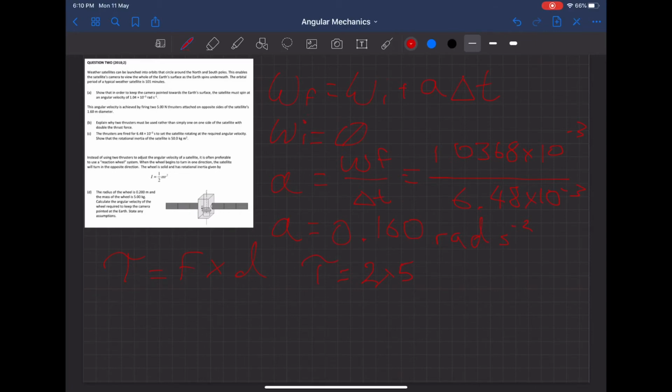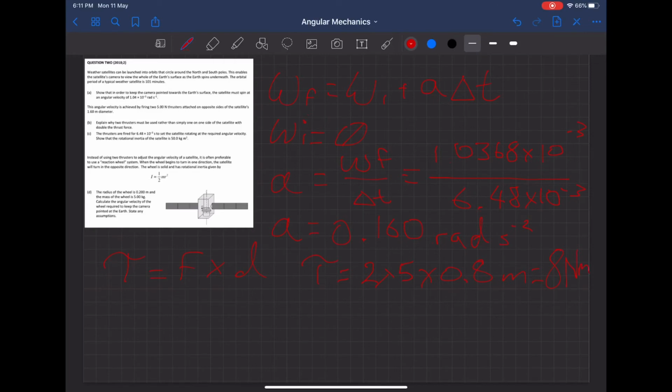Assuming a central distribution of mass, or an even distribution of mass, our distance will be half of that, so we're going to say times 0.8 meters. Right, and for that we will calculate our torque, which will be 8.00, but I'm running out of space here, Newton meters.